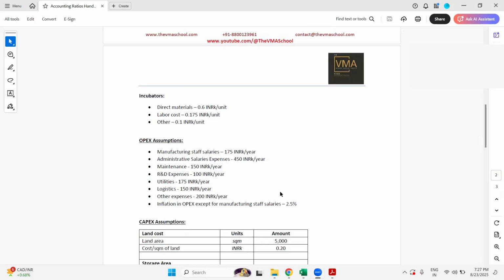Now, some people will think that this is a bogus assumption, because over the years as inflation keeps on changing, staff salaries also need to get revised. Yes, I understand, guys, that this is not a practical assumption, but once you appear for a case study round, there will be some lines put in between like these. I wanted to raise your eyebrows and get your attention so that you don't inflate manufacturing staff salaries also.